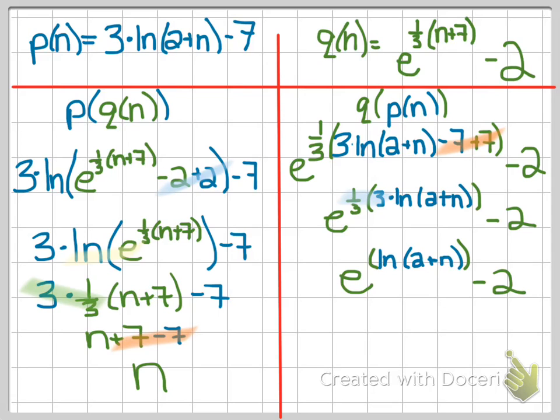But previously in the other side, I know that e and the natural log are inverses of each other, and when they're used together, that is the identity as well. So they drop out, and I'm left with the quantity 2 plus n, take away 2.